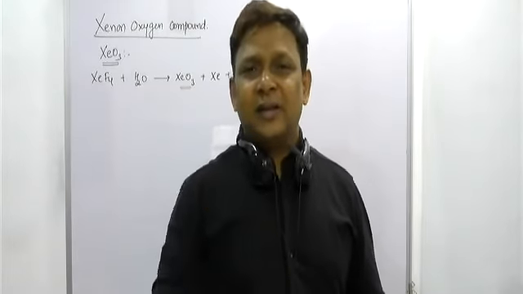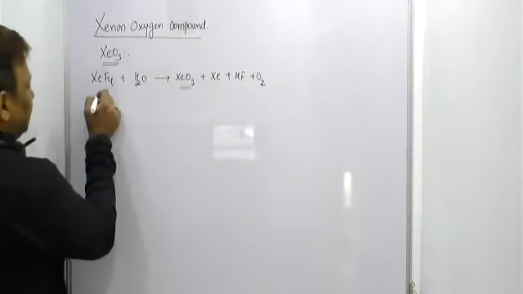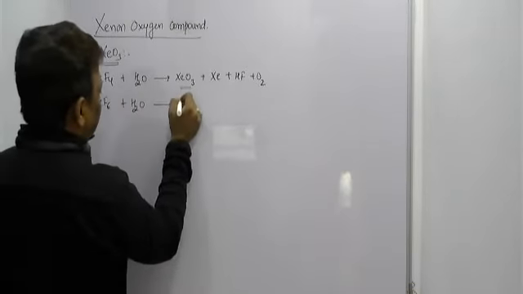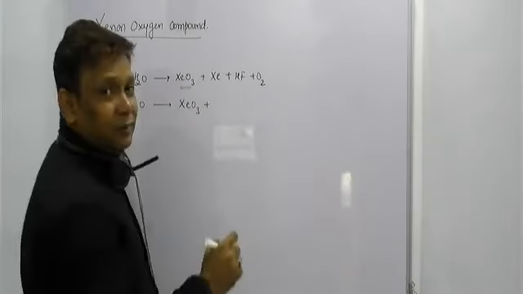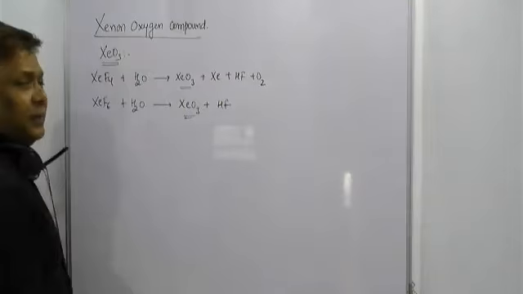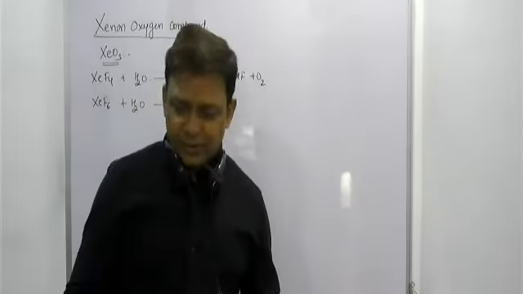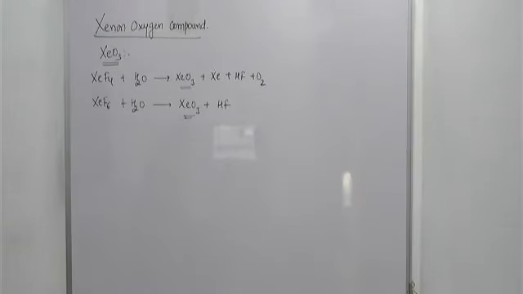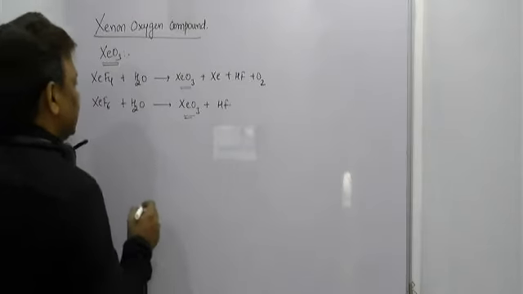Another one, xenon hexafluoride also undergoes hydrolysis and forms XeO3, with the remaining being vapor of HF. So it is another method to prepare XeO3. Whatever we saw previously, the same methods are there, beta. No other new methods are there. They are all the same method. Right? This is the one case.